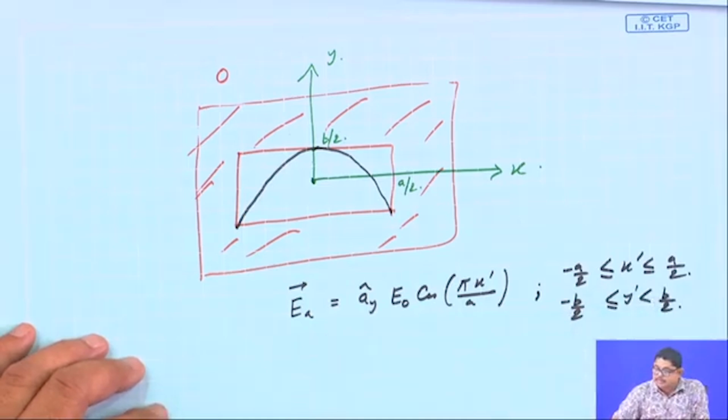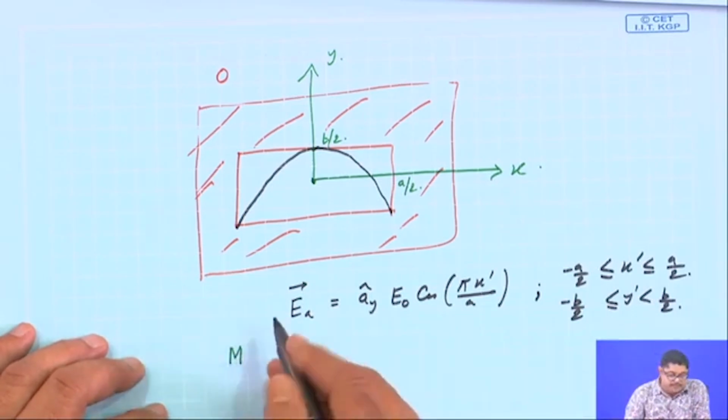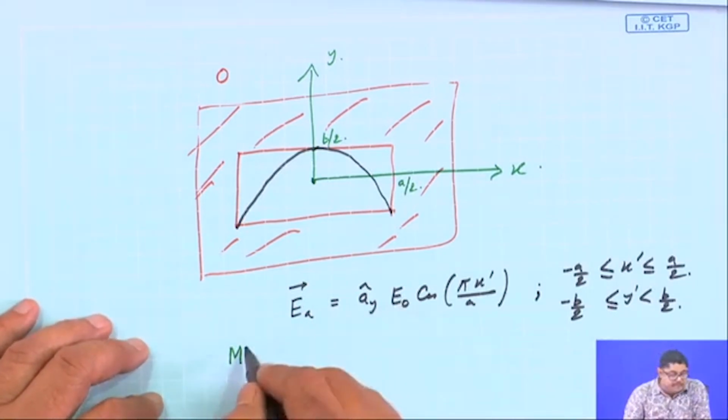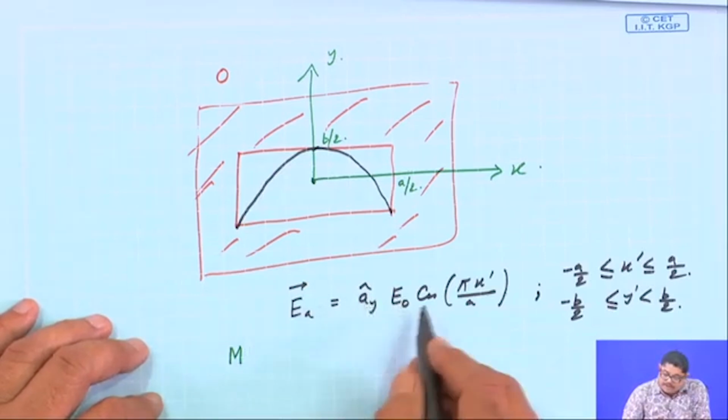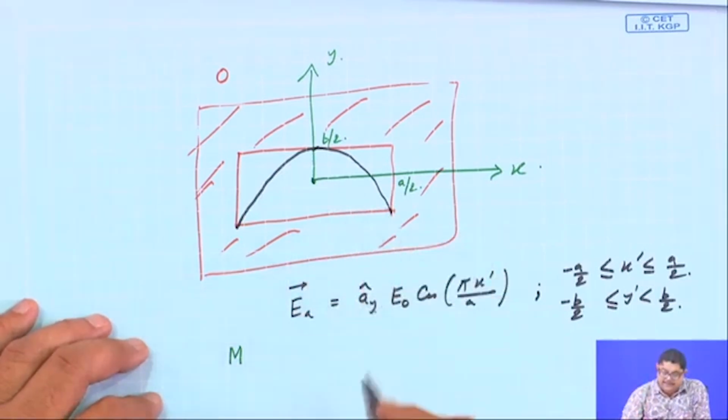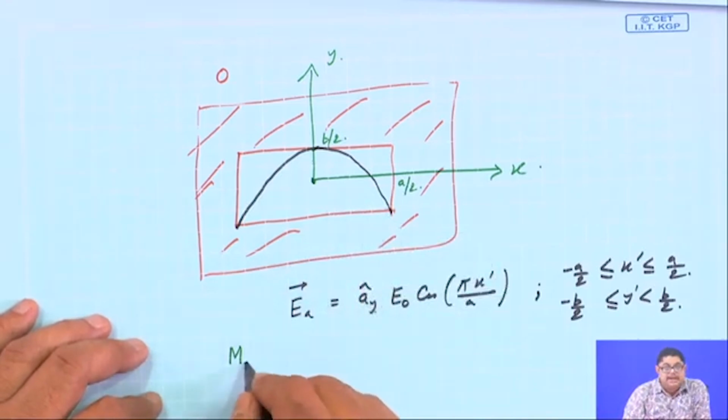So, we can easily write what will be the M, sorry, M will be, I think you understand that this is y and n is z directed. So, M will be x directed.